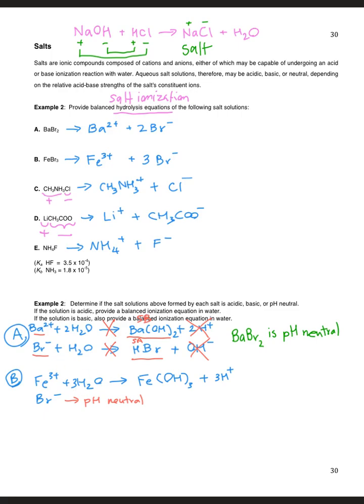Iron hydroxide is a weak base. Because a weak base is only partially ionized, the reversible process will happen. Because the reaction can go both ways, the reaction will produce protons. Therefore, this ion is an acidic ion. Therefore, the salt iron bromide would produce an acidic solution.